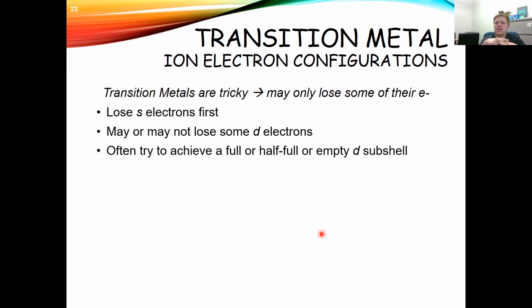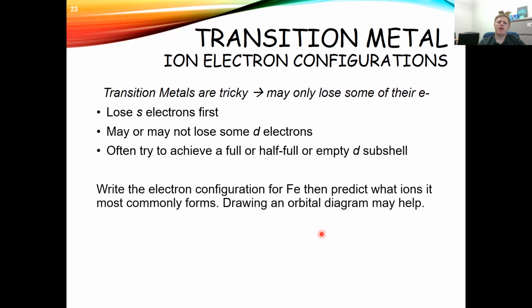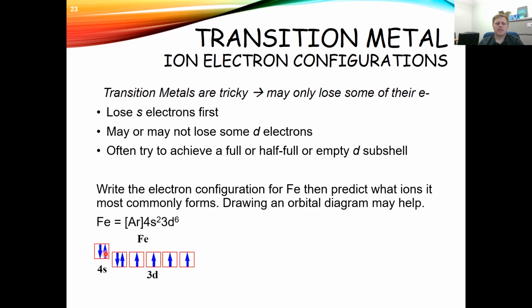Now it sounds like this will be fairly tricky, but it's really not too bad. So for example, if we write the electron configuration for iron right here, this is its box notation, and notice I'm just looking at the 4s and 3d orbitals. So in this case, the 4s electrons are valence electrons.